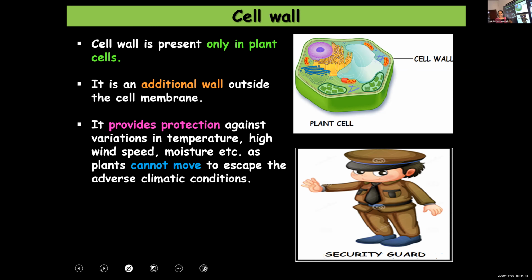And here I have compared cell wall to a security guard. Already we have a gatekeeper. And in some places you have seen outside the gate, one person in uniform patrolling here and there to check whether any problems or trespassers are there. So to provide additional protection other than the gatekeeper, a security guard is also maintained in some schools.